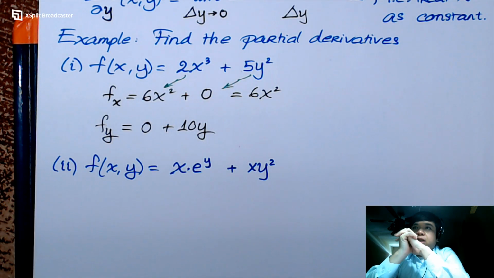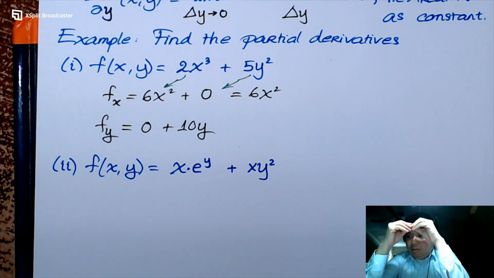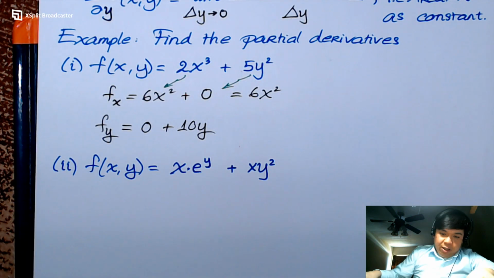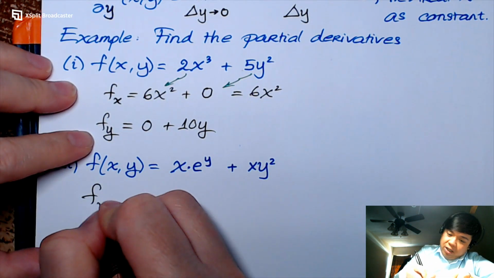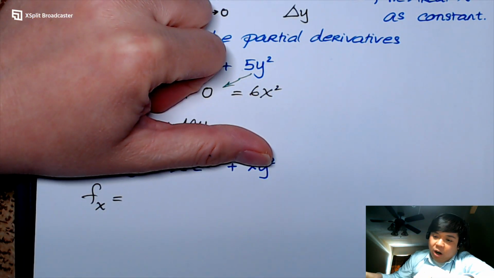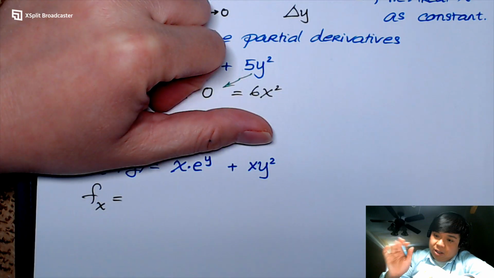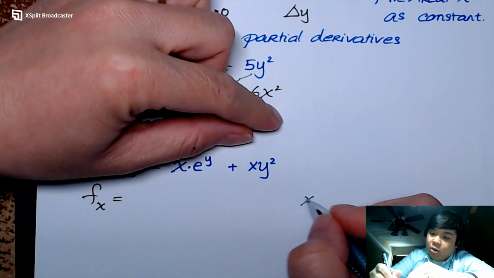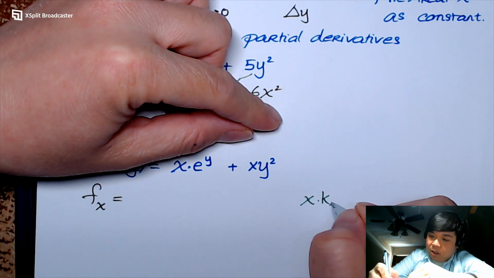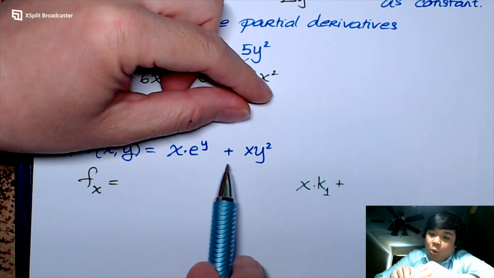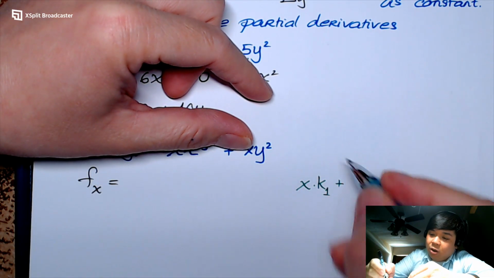In that case, we will treat y as a constant. It might help if you just rewrite before taking the derivative. If y is a constant, e to the y is also a constant. With respect to x, y squared is also a constant.